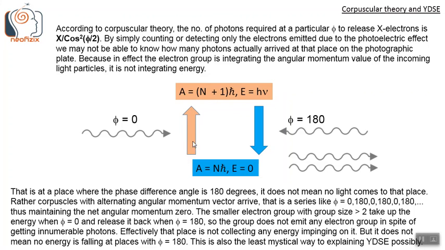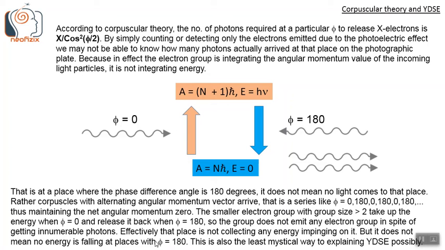So when phi equals 0, it absorbs, goes to the higher energy state, and when phi equals 180, it actually gives up the older energy that it had absorbed and comes back to the original lower energy and angular momentum state. So effectively this place with phi equals 180 degrees is not actually collecting the energy impinging on it, and it does not mean that no energy is falling at that place in the first place.